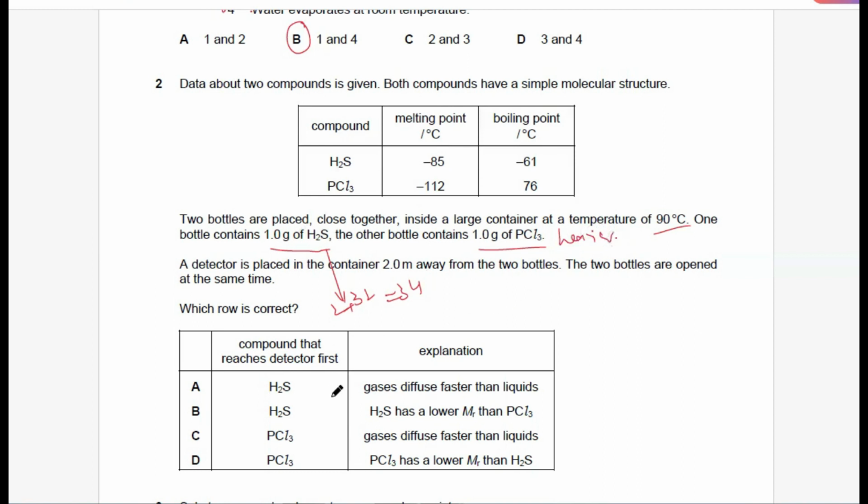So the compound that reaches the detector first is H2S, but it's heavier in a way. Its Mr is more, but when you take 1 gram, so 1 divided by that particular higher Mr number, it means that there are fewer moles basically. When fewer moles are there, Mr is heavier.